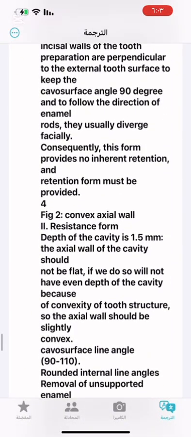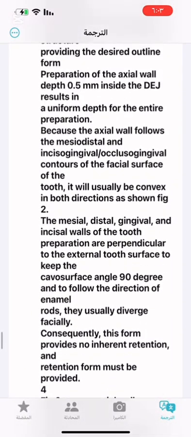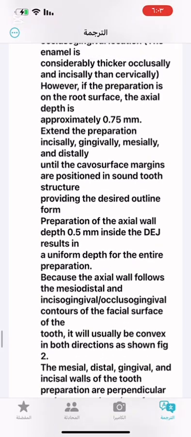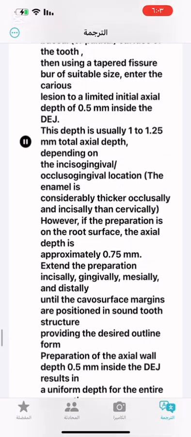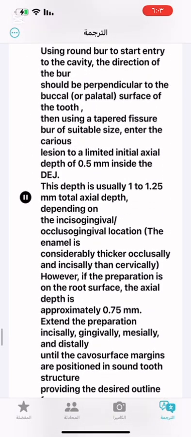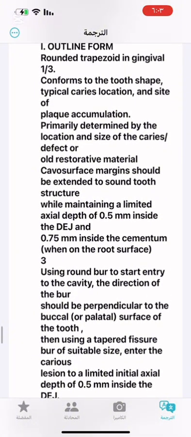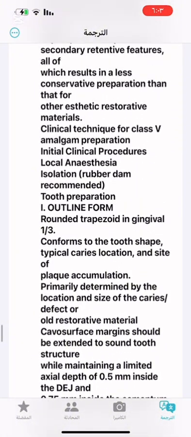They usually diverge facially. Consequently, this form provides no inherent retention, and retention form must be provided for.